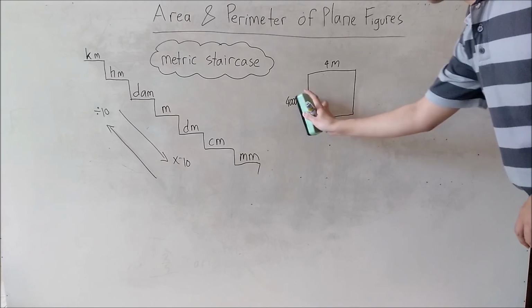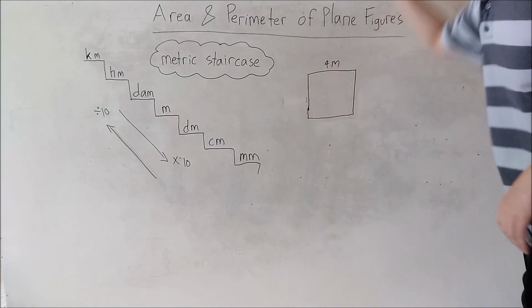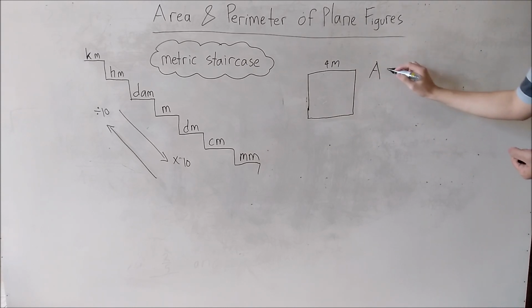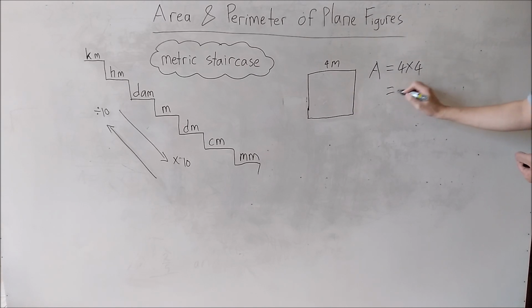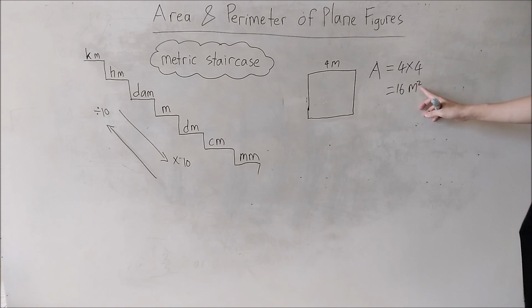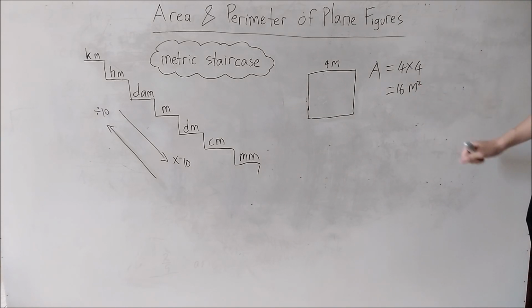However, when we learn about area and perimeter, let's say I have this square with 4 meter length. The area of the square will be 4 times 4 meter, which is 16 meter square. As you can see, this 16 meter square is a little bit different from the units we had so far. It has a square there. What does this mean?